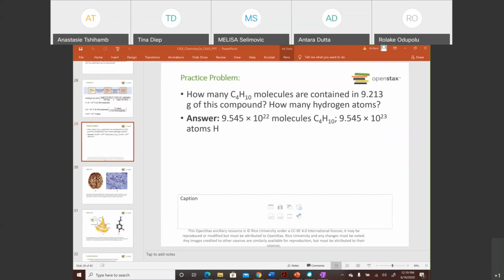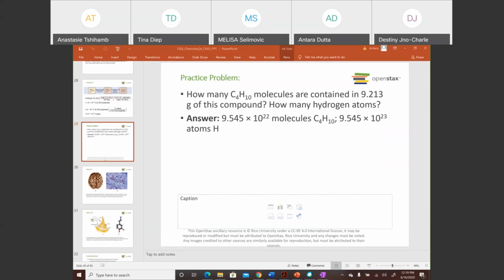Since we're going to atoms, we have to start with the grams and convert that into moles. But the first part is how many molecules. So you are going from grams to moles and moles to molecules.